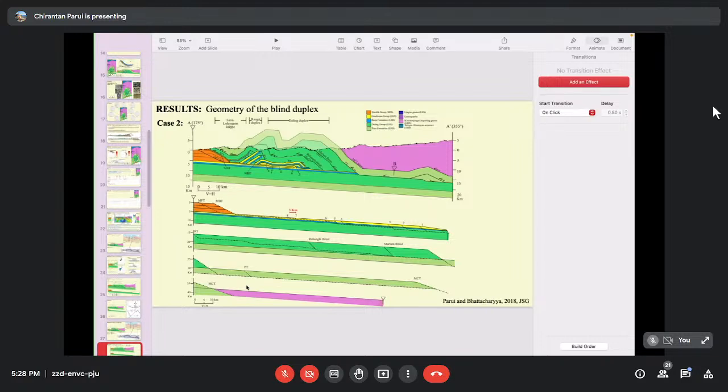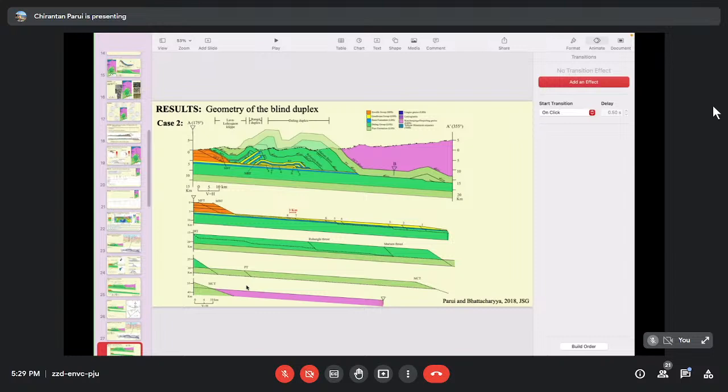Chirantan, that is one of the fundamental assumptions of drawing balanced cross sections, that there is no ductile deformation. Yes, otherwise your restoration loses all meaning. Yes, so that was mentioned, that there is no change in the bed length.